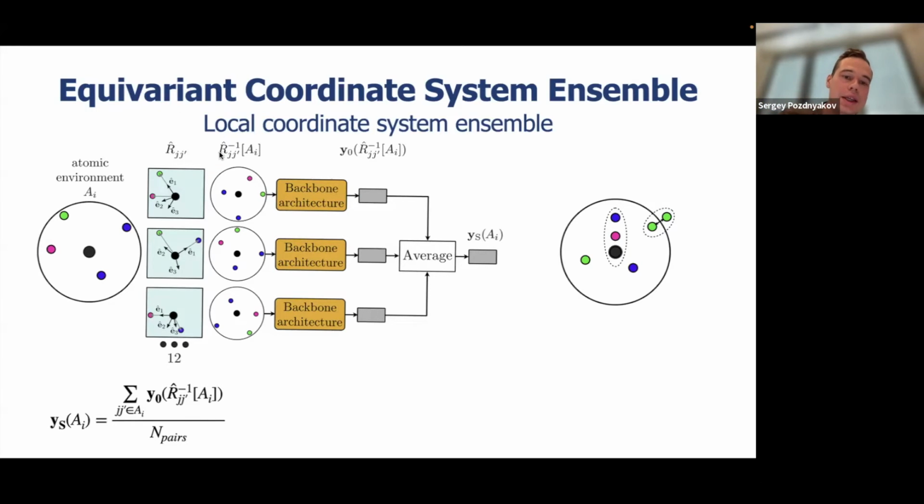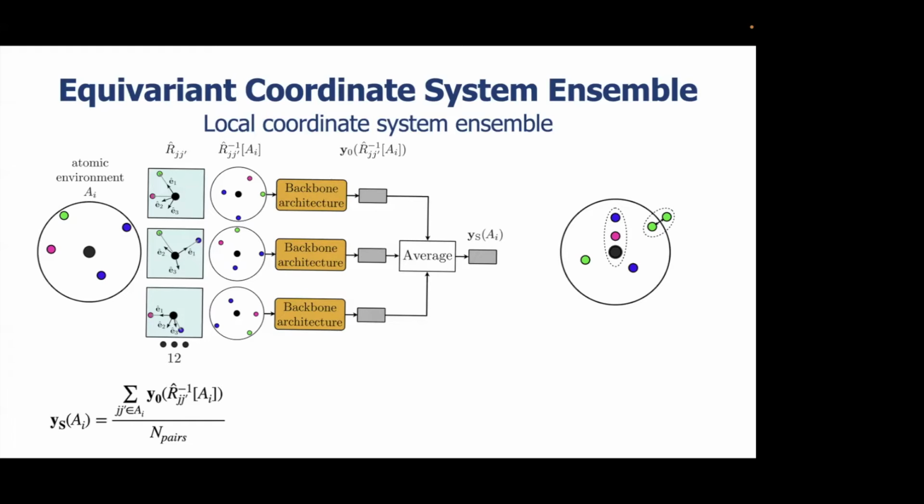So R is basically the operator R_{j,j'}. So j and j' are indices that run over the pairs of neighbors. So j is the first neighbor, j' is the second neighbor, and R_{j,j'} is the operator that rotates atomic environments to the coordinate system defined by neighbors j and j'.